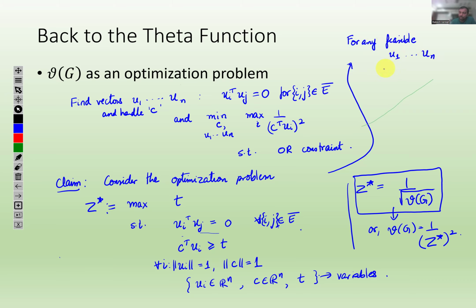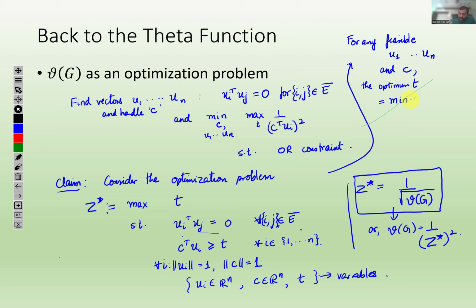For any feasible u1 to un and C, that is any set that satisfies the other constraints on them, the best T or the optimum T is going to be, so T has to be always bounded by all of them, for all i in n.